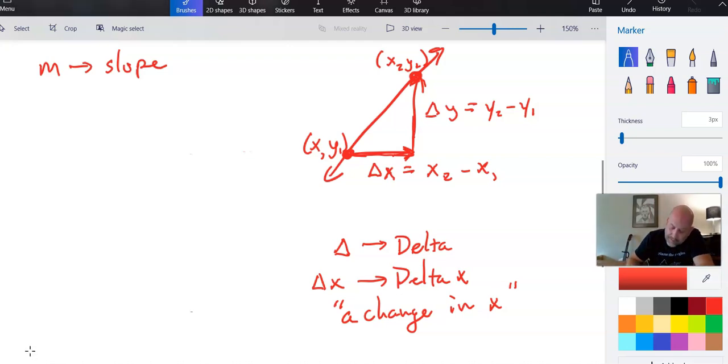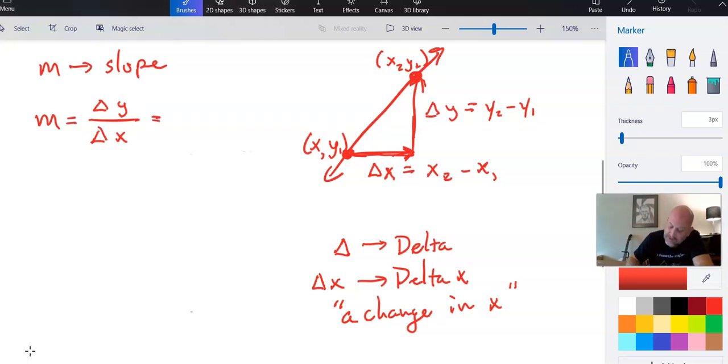Now, m is the ratio of changes, actually I want an equal sign there, between y and x. So m is a change in y over a change in x.